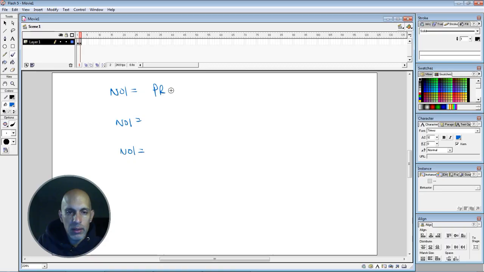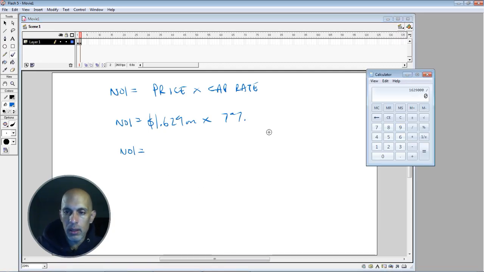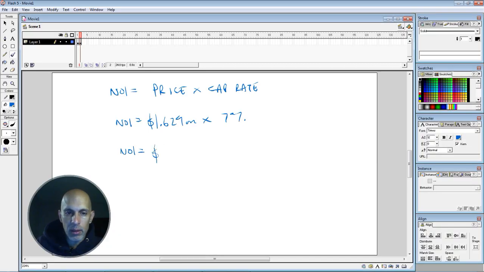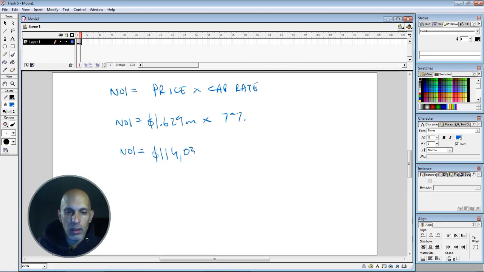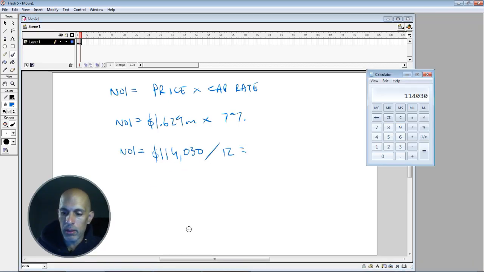So price times cap rate, 1.629 million times 7%. That's 1,629,123 times 0.07. So that means our NOI is $114,030. Now I'm going to divide that by 12 to get what it is on a monthly basis.